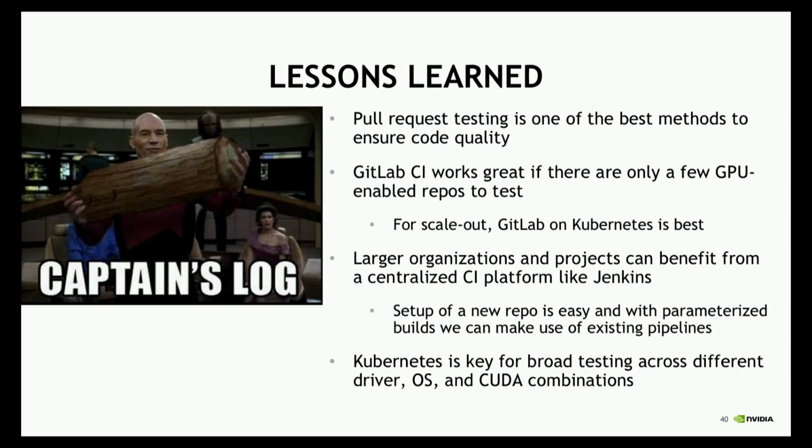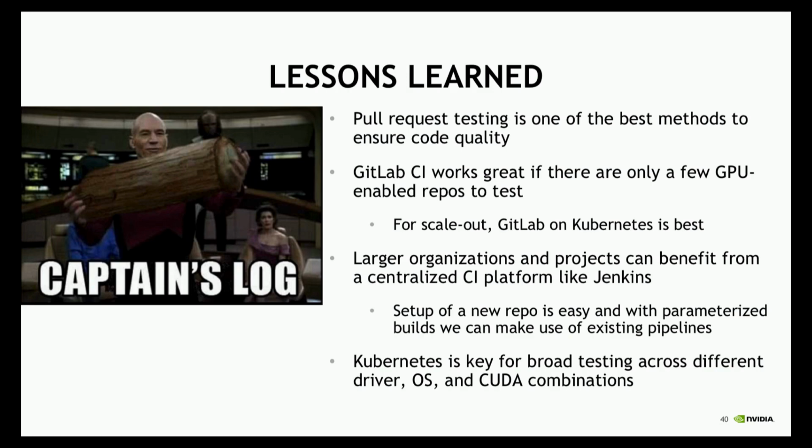As far as GitLab CI, I love GitLab, don't get me wrong. I've used it for a lot of stuff internally. If you only have a few GPU-enabled repos, it's probably good. But when you're scaling out, like on our side, where we've got tens to 100 of projects that need GPU CI, this is where Jenkins comes in a little bit better.